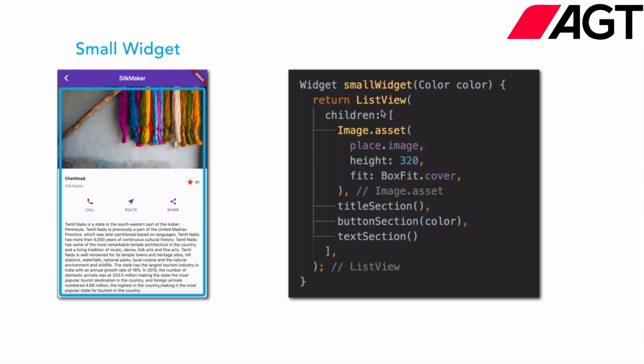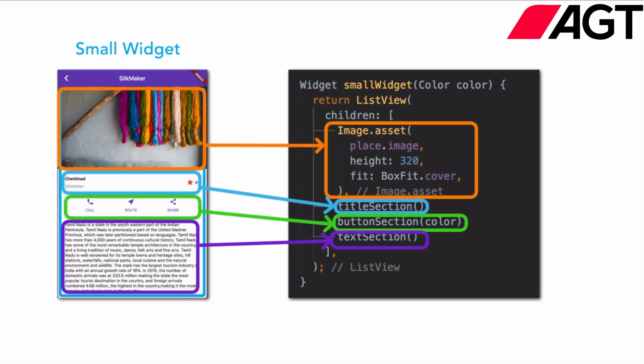The same thing can be achieved using a single child scrolling widget containing a column as its child, and the column can contain the same children that we have here. So as you can see here, the first one is the image, and here we have the title section, and then we have the button section, and then we have the text section, totally 4 children under the list view.